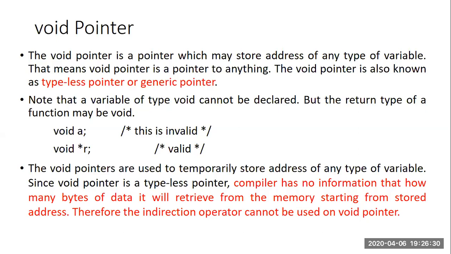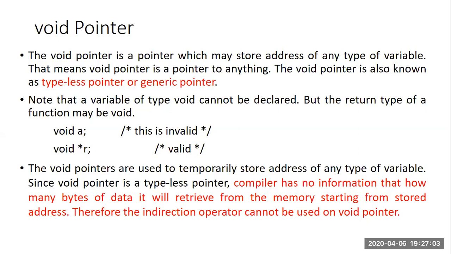When I am talking about an integer pointer, I know the size of an integer variable in the DevC compiler is 4 bytes. Depending upon this, the compiler can ensure it has to read 4 bytes, 32 bits, to retrieve the data from the starting address.